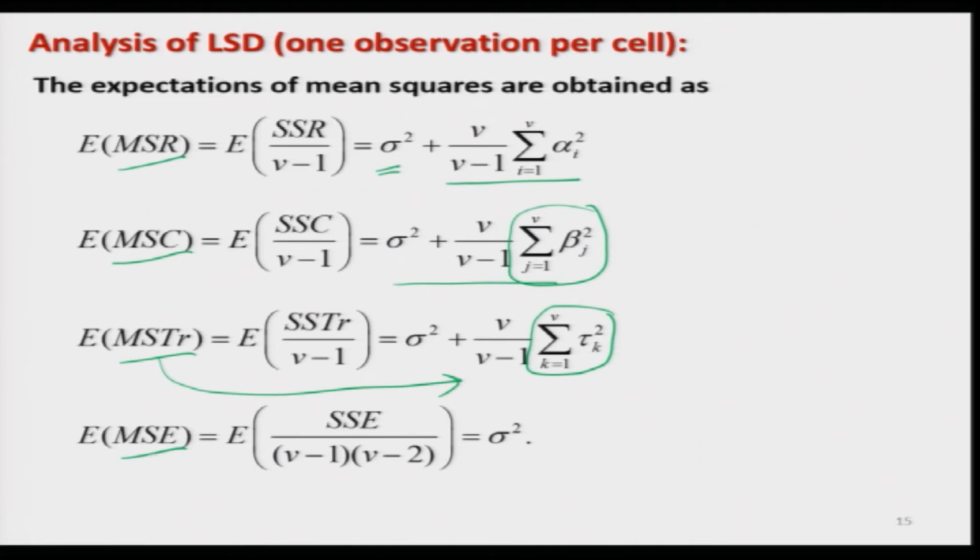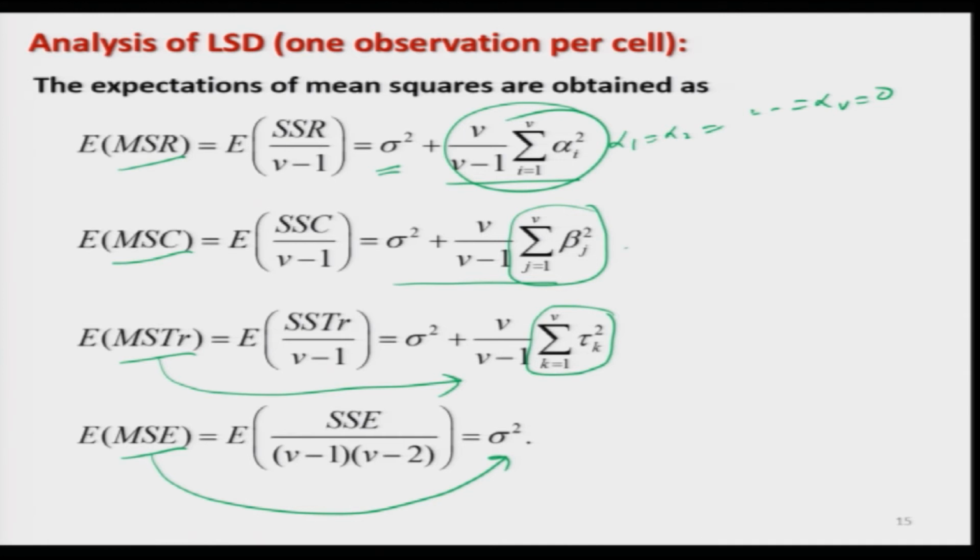And for the case of MSE, this will come out to be sigma square. So this is indicating that the mean square due to error is providing us an unbiased estimator of sigma square, and you can observe this from here also: if your H naught, alpha 1 equal to alpha 2 equal to alpha V, is accepted, that is, the alphas are 0, then this entire term becomes 0, and this is dependent only on sigma square, that is the error variance.